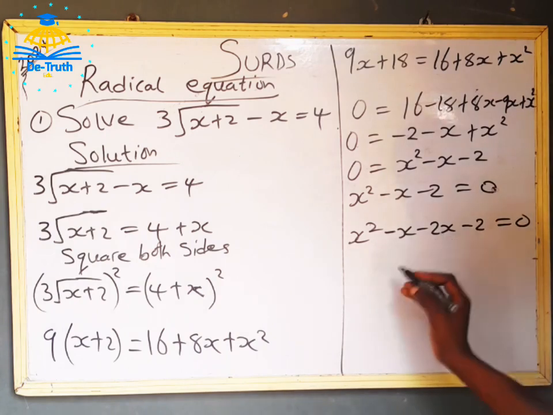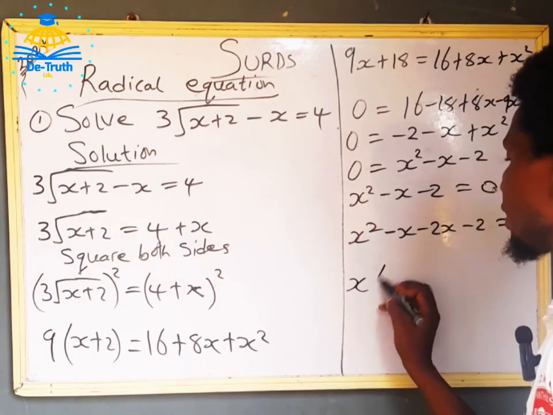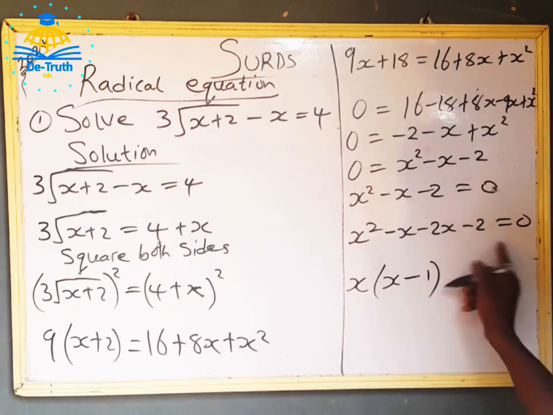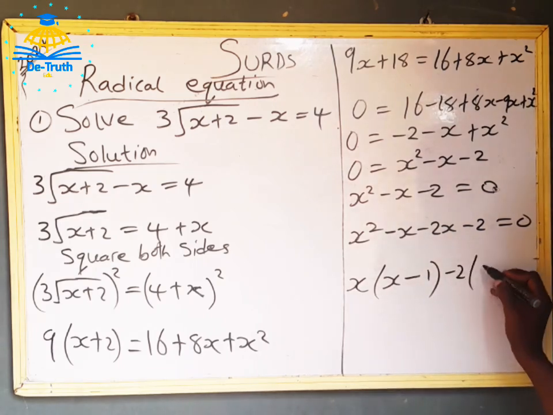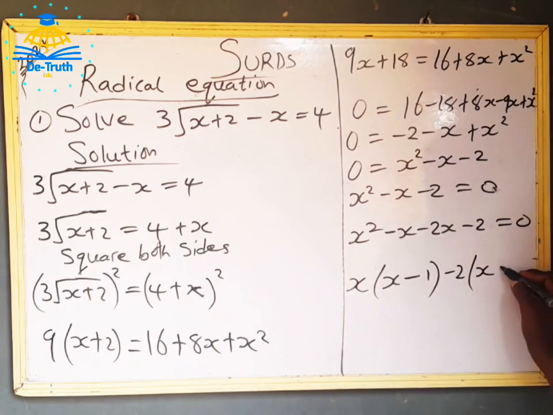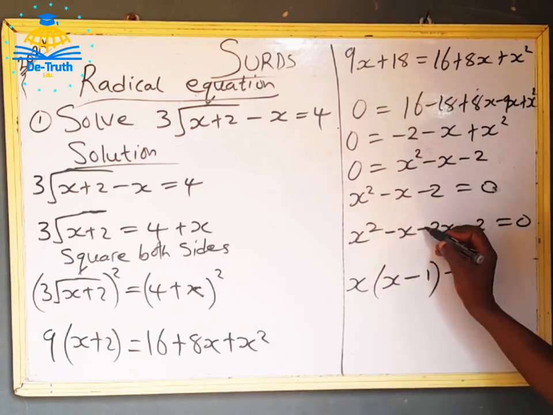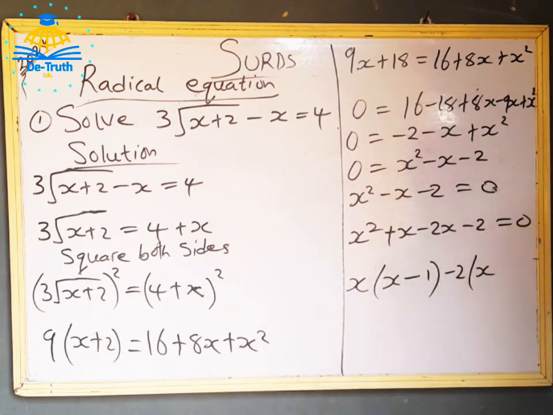Now here the factors, we have x, then we have x minus 2, sorry, so here it's going to be plus. It's going to be plus here. So x plus 1 equals 0.